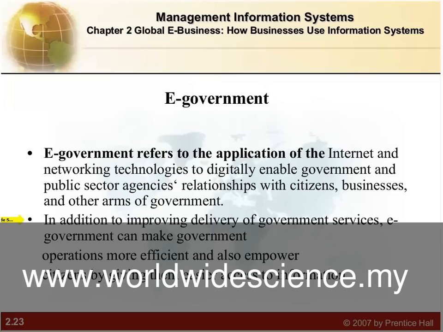So these are some definitions about the different kinds of information systems. We talk about systems from the functional perspective and also from the constitutive perspective.